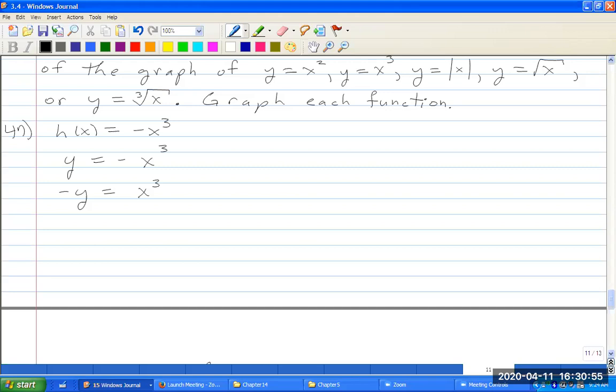And so this is a reflection of y equal x cubed about the x-axis.